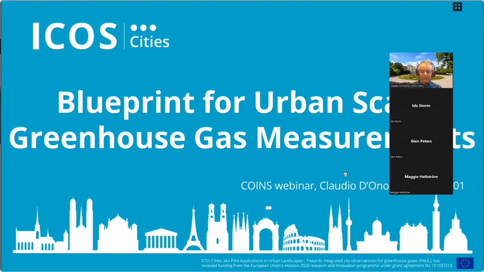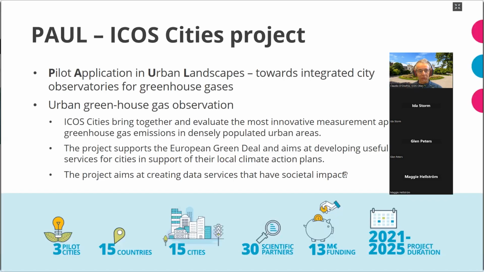You have pointed out very important topics, I think, from this whole system of CO2 or greenhouse gas measurements that we are looking into. So ICOS Cities or PAUL is a pilot application for urban landscape measurements.